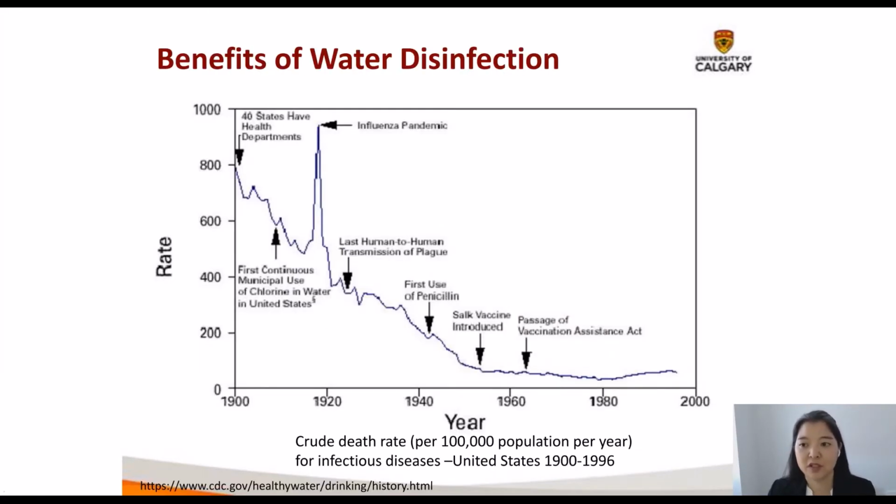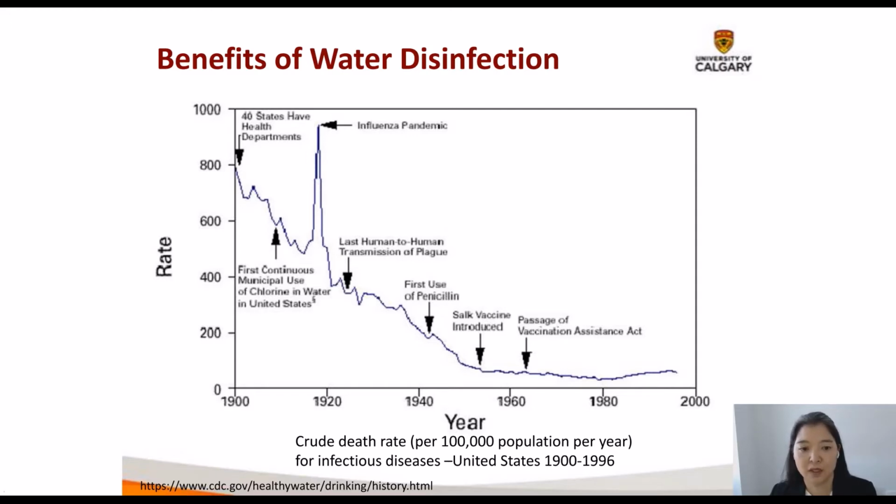Ever since the first continuous chlorination of municipal water was used in 1908 in Jersey City, a steady decline of waterborne diseases such as typhoid fever and cholera has been observed.